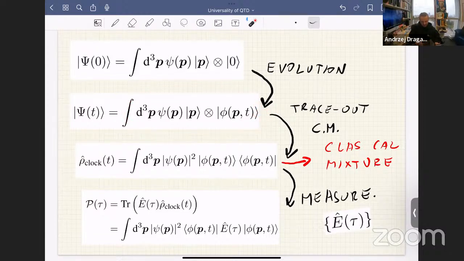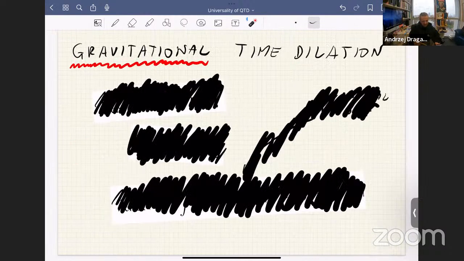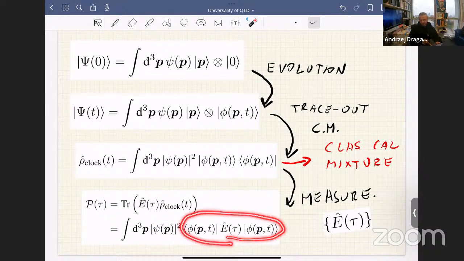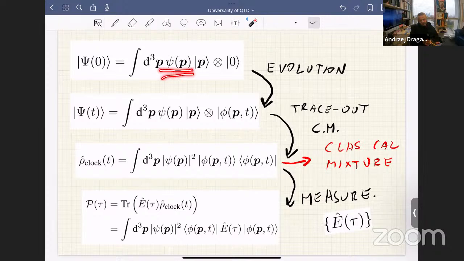Okay, so the next thing. What is the conclusion of this? Notice that since the structure of this expression shows you that the probability of a given outcome is a classical average over all possible momenta of this expression, that shows that if you had a superposition of different momenta in your initial state, the outcome will be exactly the same as if you had a mixture of different momenta.